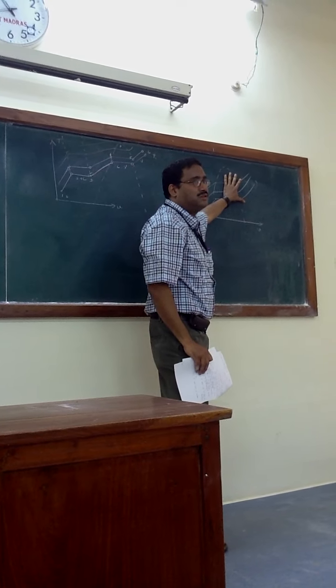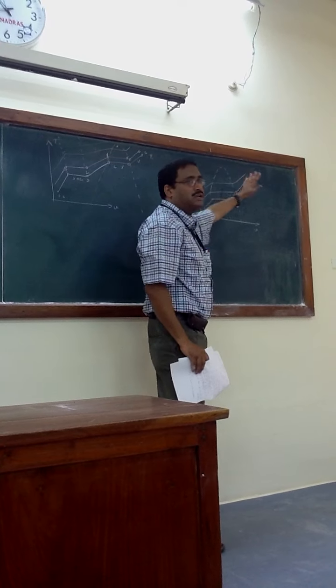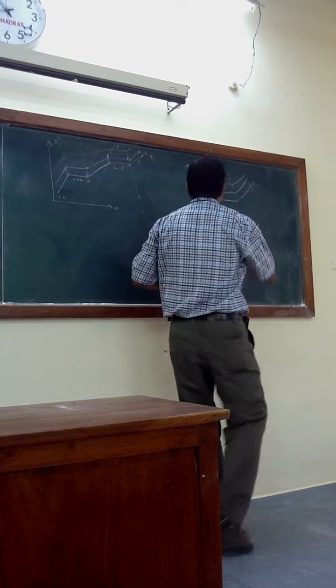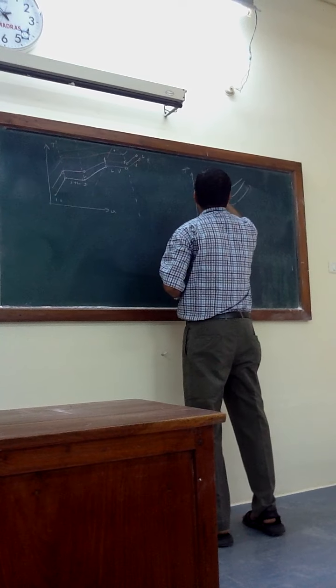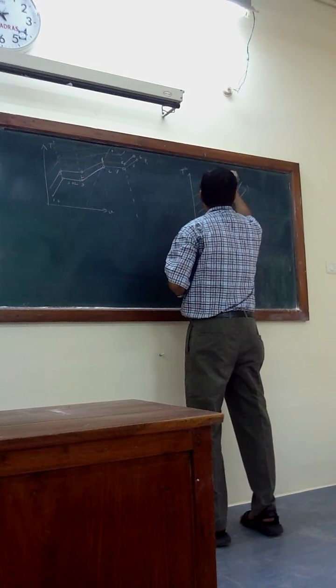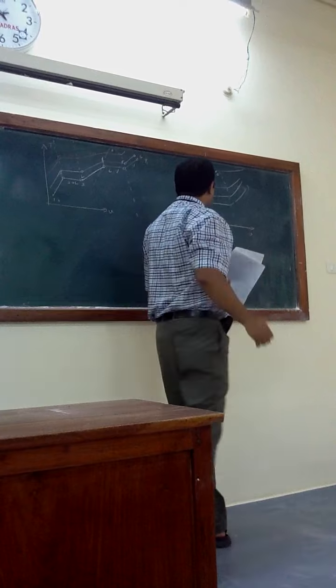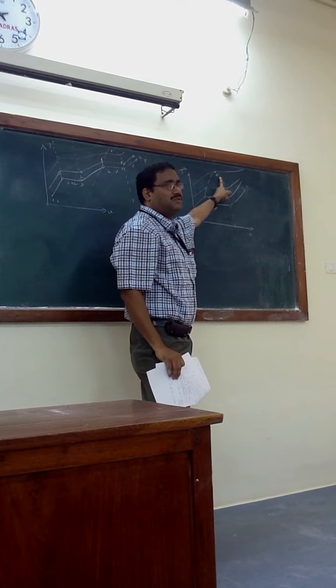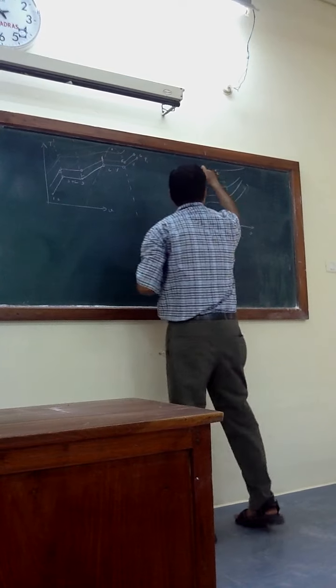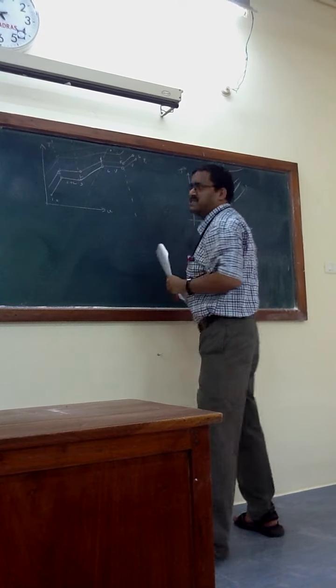Here liquid, here vapor. Beyond a point, this is the critical point. At this point, what actually happens? We cannot distinguish between the vapor and liquid. Okay? And beyond a point, everything is gas.